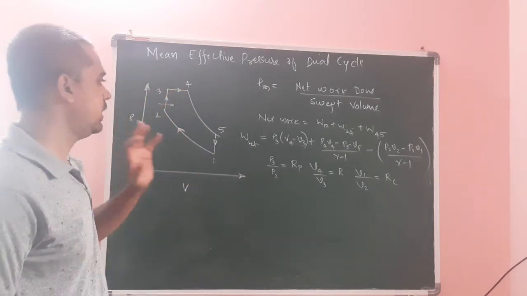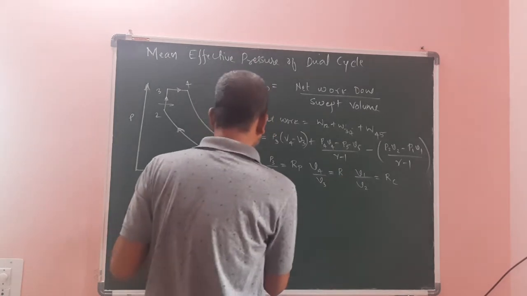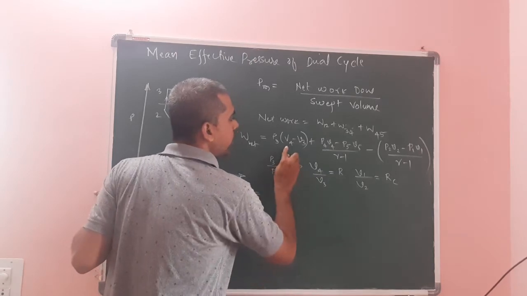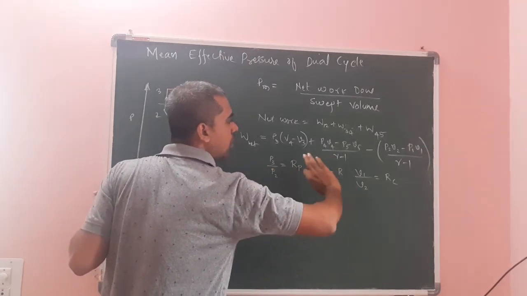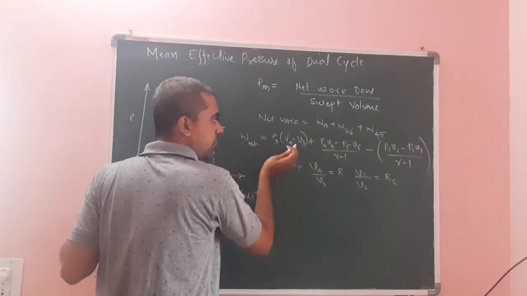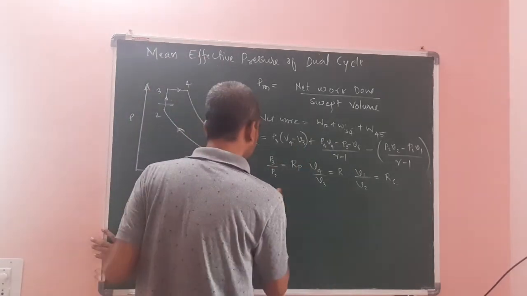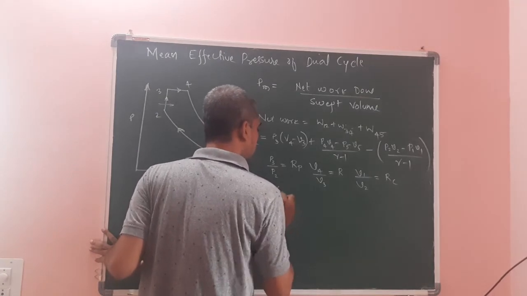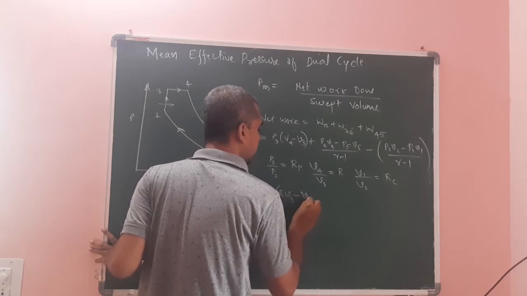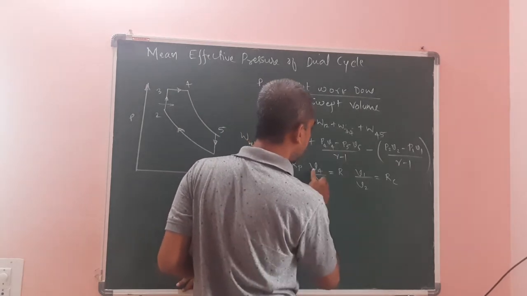What I will do, instead of writing V4, I can write RC into V3. Like this, W net is equal to, initially I will do step by step, we will make common terms. I will put everything in terms of P3 and V3, because we can get common terms further.